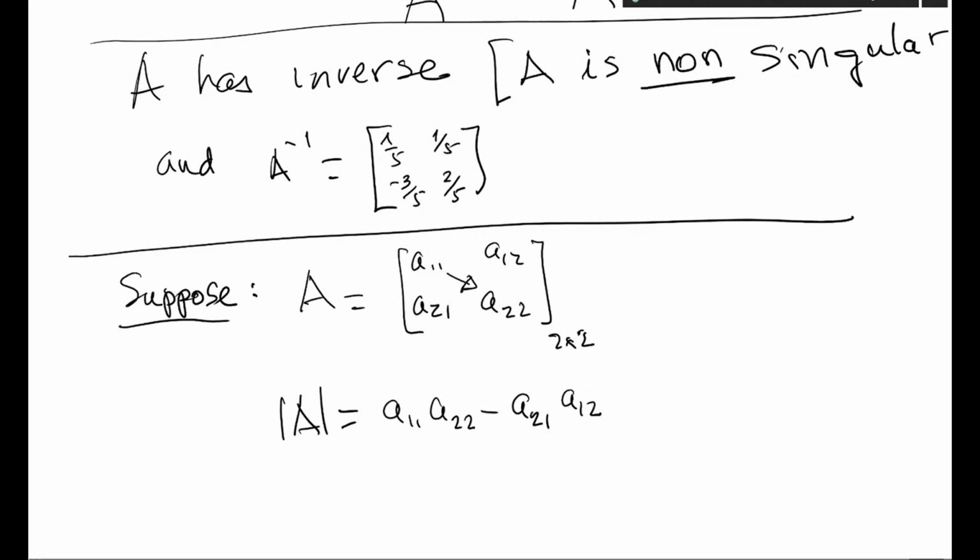Multiply the main diagonal elements minus the second diagonal elements multiplication, and this result is the determinant of A. The determinant is always a number.